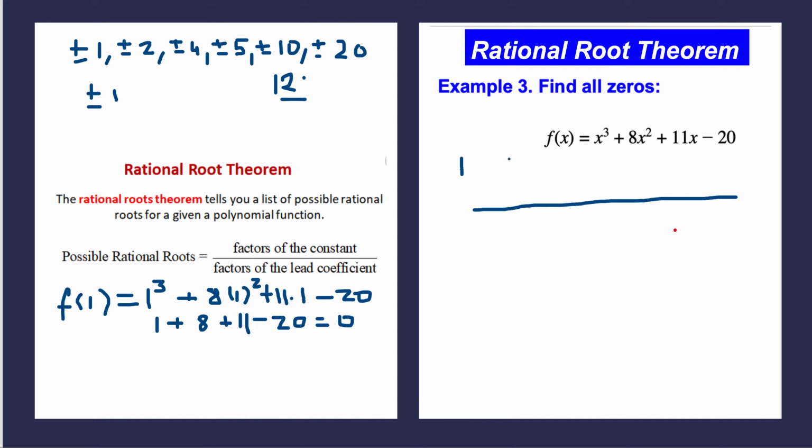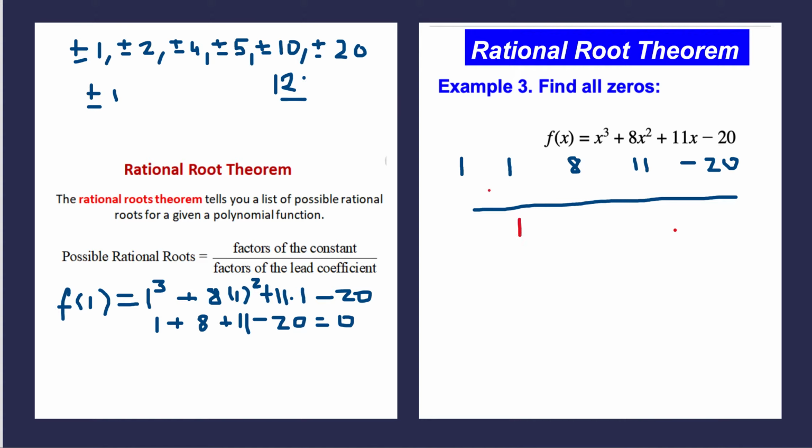So let me write the coefficients. The coefficient is 1, then 8, 11, and minus 20. I have all in order, third, second, first, and zero degree, none of them missing, so I can just plug them in.